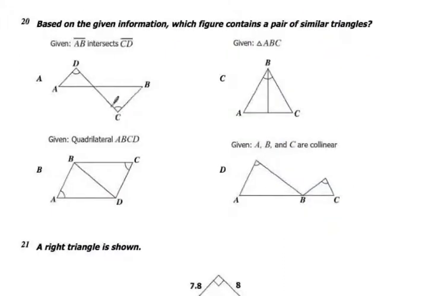Based on the given information, which figure contains a pair of similar triangles, and remember there's only 3 ways to prove similar triangles: angle, angle, side, angle, side, and side, side, side similarity.